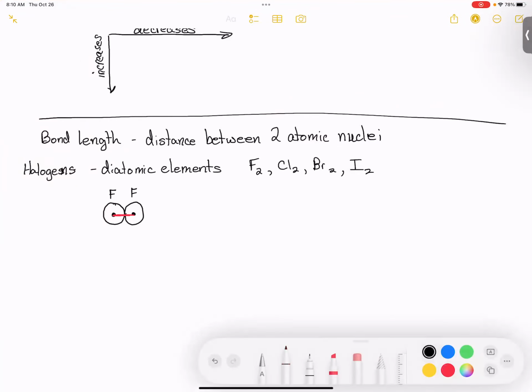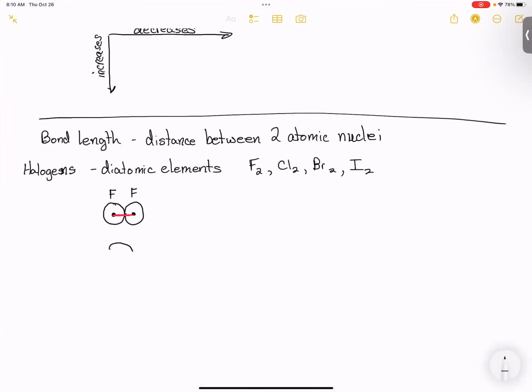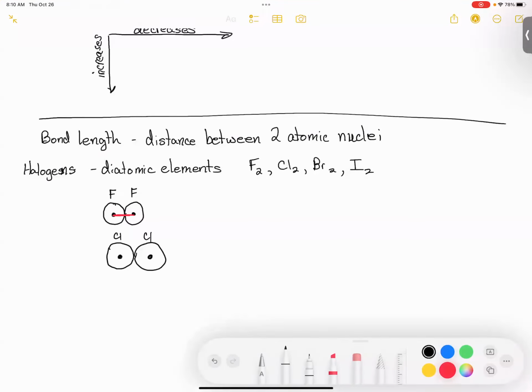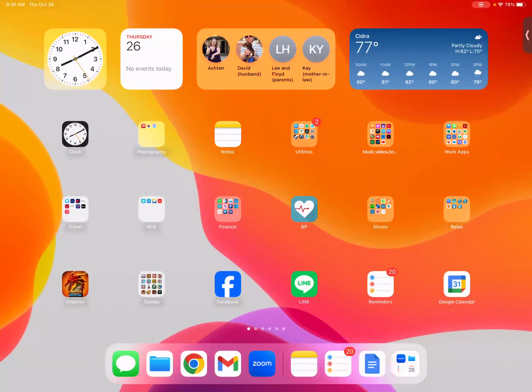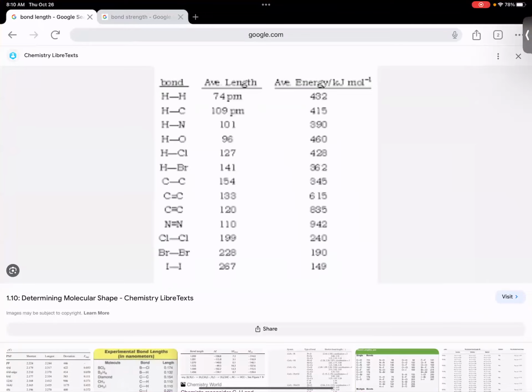Then if we move on to chlorine, chlorine's slightly bigger because it's in period 3. And this one has a bond length of 199.